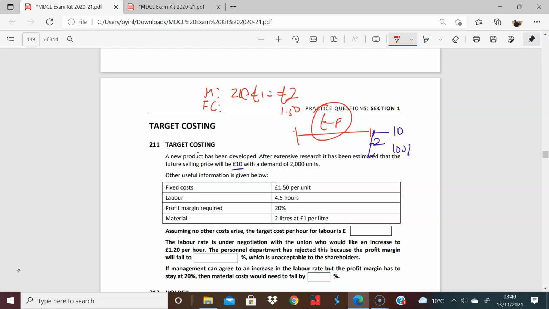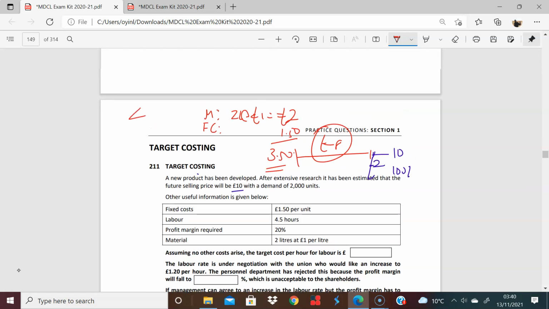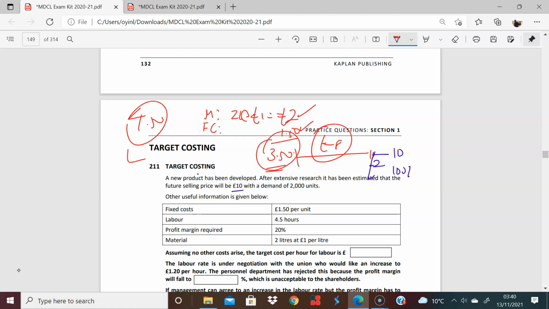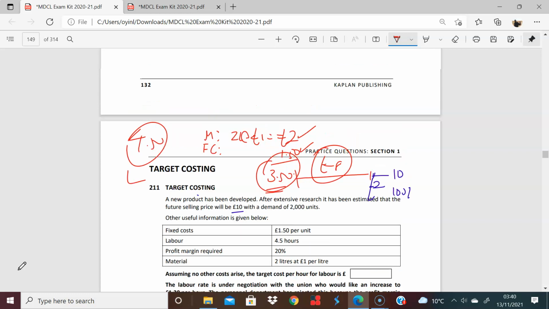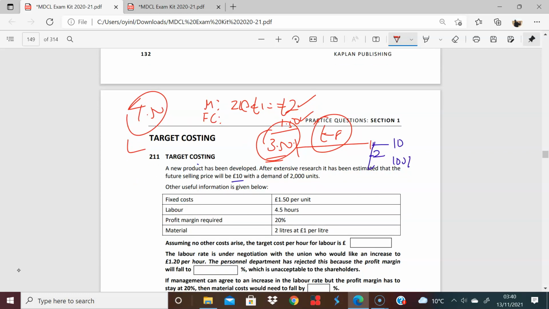So that's £3.50. So you're restricted, therefore, to £4.50 for labor, right? Because you've used £2 for material and £1.50 for fixed costs, so you've used a total of £3.50 of your allowance. And in effect, if you have a total allowance of £8, you have £4.50 left as your allowance.